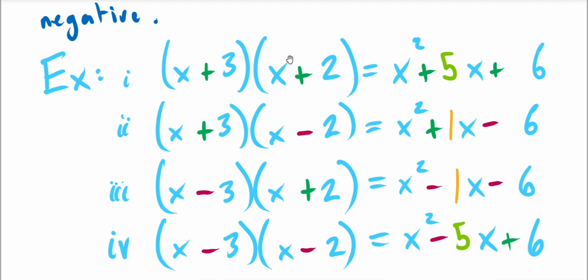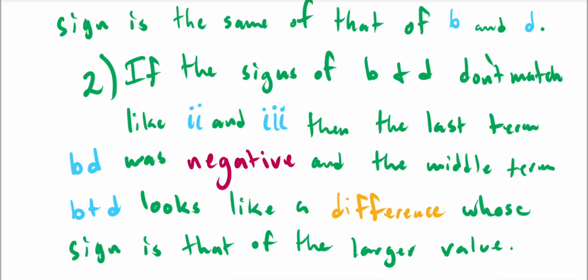Notice the signs match, and with that same sign, we wind up with a positive term in our last place. And we wind up with the sum of 2 and 3 in the middle place. If they're negative, this middle term is negative. And if they're positive, this middle term is positive. It still looks like their sum, but it is taking on the sign that these two share, either negative or positive.